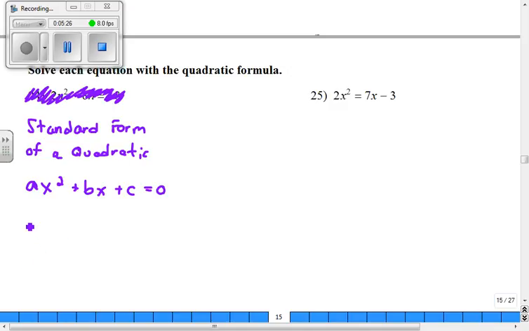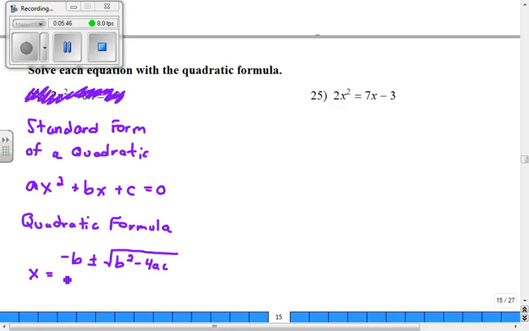And then our quadratic formula is x equals negative b plus or minus the square root of b squared minus 4ac all over 2a. So the first thing we need to do is make sure our equation is in standard form. And it's not currently, so we need to put it there.